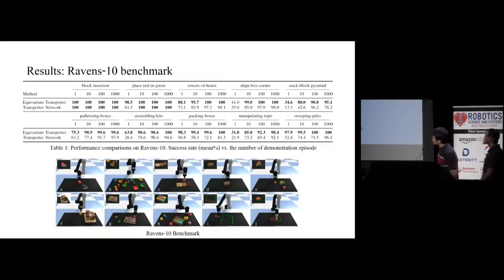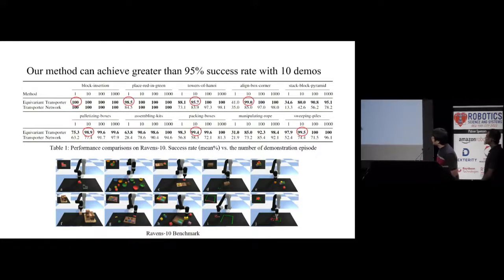We first evaluated the performance of our model on Ravens-10 benchmarks that cover various manipulation, pick and place tasks with a suction gripper and a UR5 robot. Table 1 shows the performance of our model trained with a different number of demonstrations. Firstly, our model could outperform the baseline Transporter Net on all tasks.